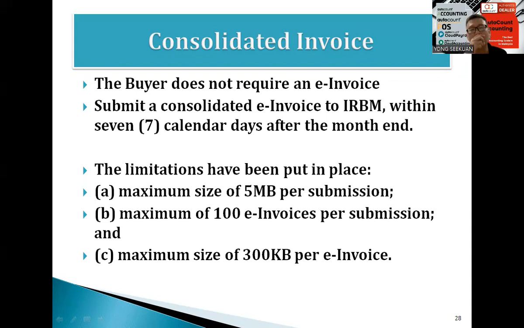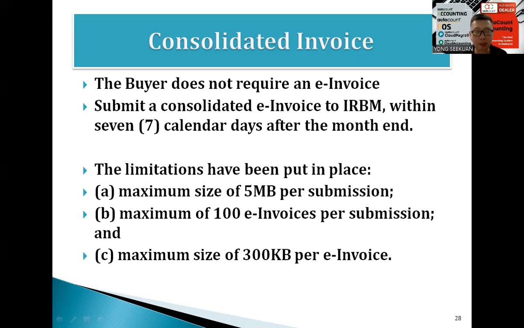When you consolidate these invoices, you submit the consolidated invoice within 7 calendar days after the end of the month. It means next month, within 7 days. For example, May has 31 days. You consolidate from the first of May until the end of May into one invoice with the total amount.